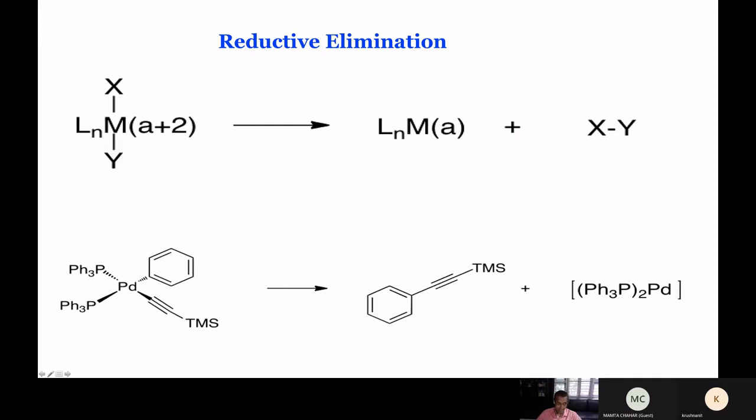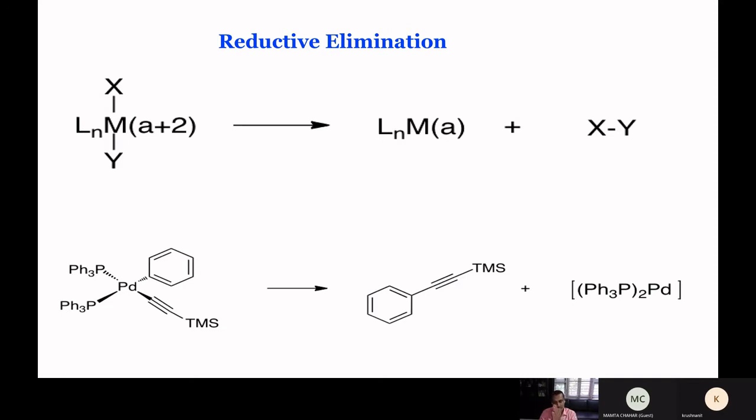As I said, an electron rich ligand will stabilize it, but if you have an electron deficient ligand, it cannot stabilize the higher oxidation state metal. Then what will happen in the process? XY will fall apart and come out, and you will regenerate the ligand metal.